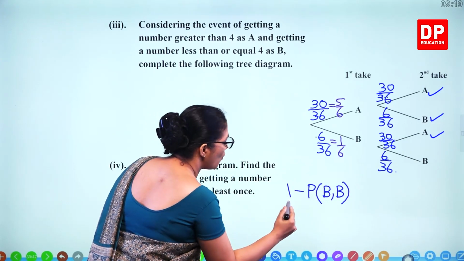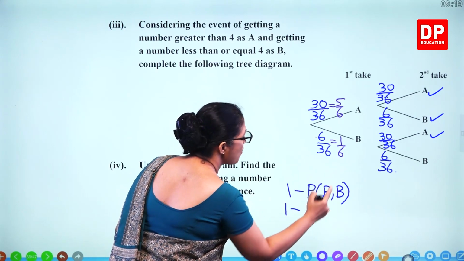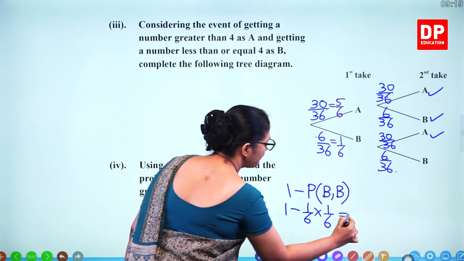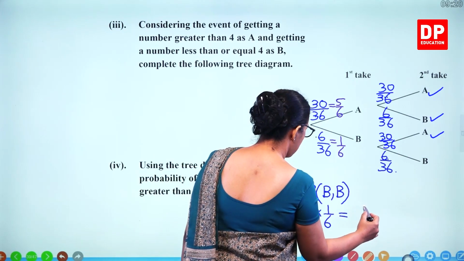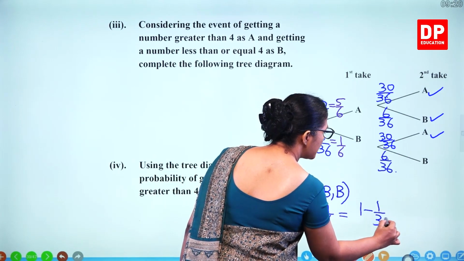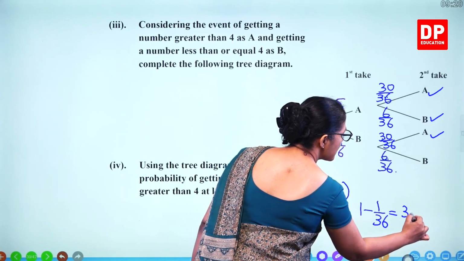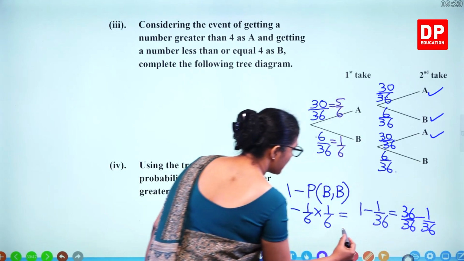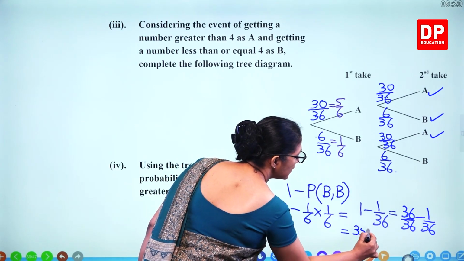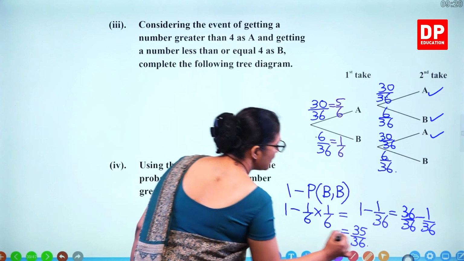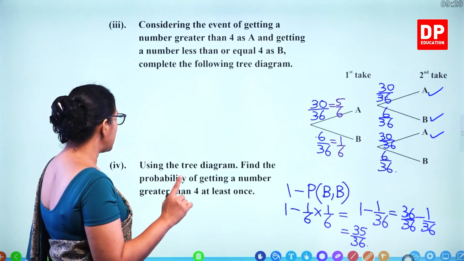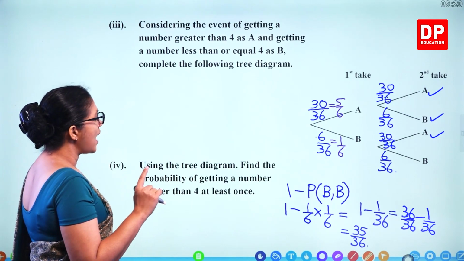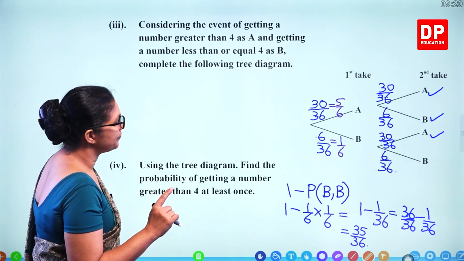That's less than 4. So, 1 minus this probability is 1 over 6 into 1 over 6. So, you get 1 minus 1 over 36. 36 over 36 you can write as 1. That's 35 over 36 is the probability of getting a number greater than 4 at least once.